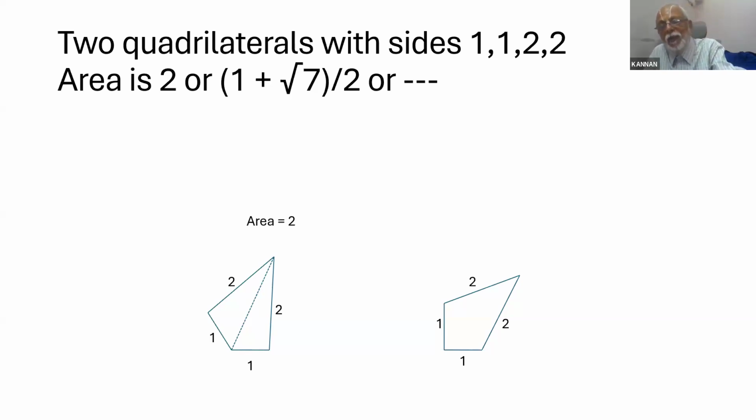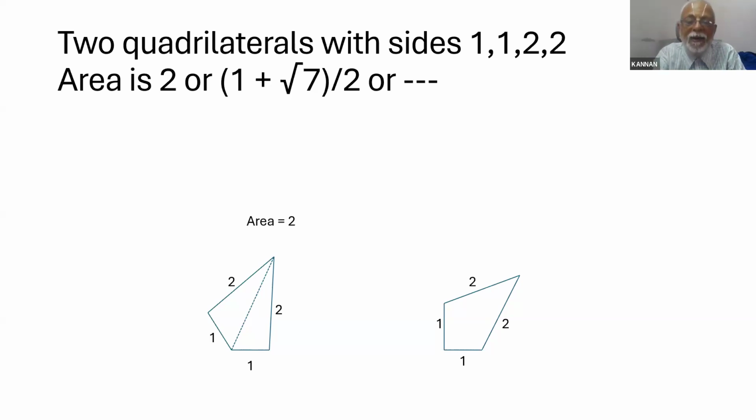But now look at the figure on the right side. Here also 1, 1, 2, 2 are the side lengths. But I have put a right angle between 1 and 1. Then the area changes. Here also the area can be calculated without Brahmagupta's formula, because this again can be seen as the sum of the union of 2 triangles.